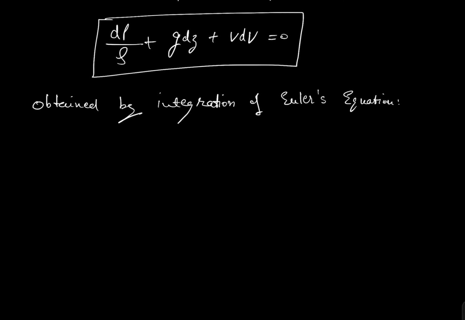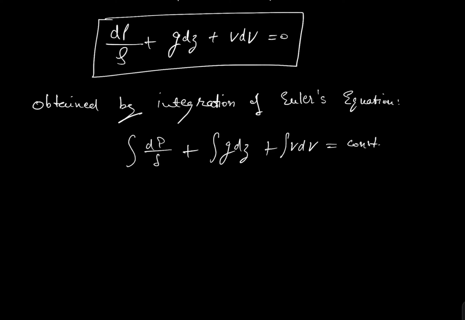Okay, so what will happen if we integrate this equation? We can write it like this: integration of dp by rho plus integration of g dz plus integration of v dv is equal to integration of 0, which means it will be some constant.